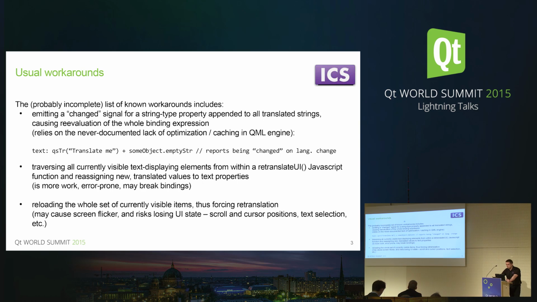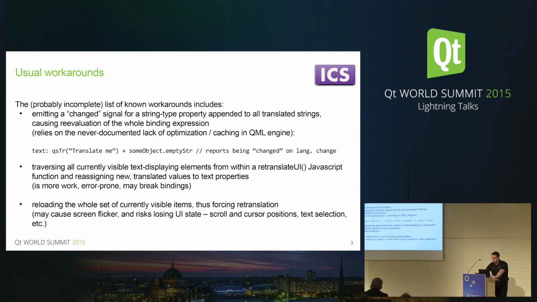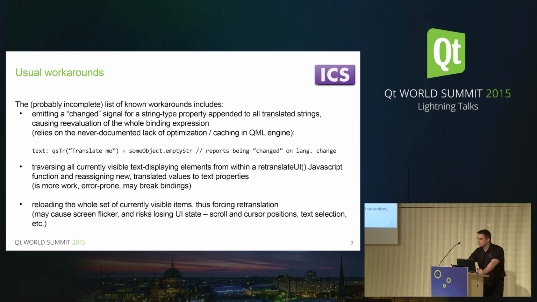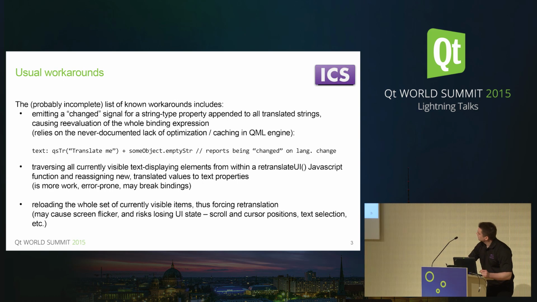And the first one is what probably most people do, which is essentially adding an empty string to all your qsTr-related strings, right? And then emitting essentially a fake change signal, which, provided that the QML engine does not optimize the expression reevaluation well enough, turns into the whole thing getting reevaluated and the translation being done for the new translator, which kind of works, but again, it has the drawback of lacking any proper guarantees.